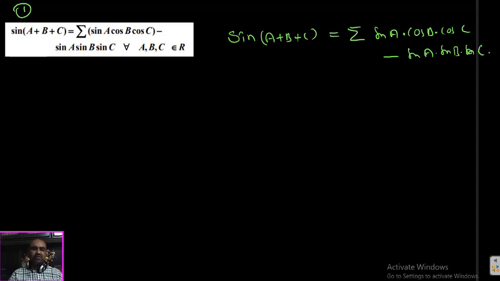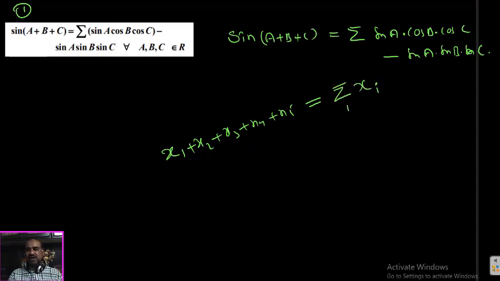Okay, so you know that the symbol sigma and pi: this is for summation, this symbol is for product. For example, x1 plus x2 plus x3 plus x4 plus x5 can be written as just x with suffix i under the sigma symbol, and i is taken from 1 to 5.